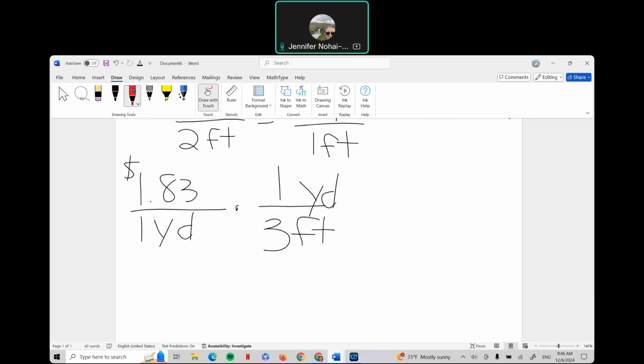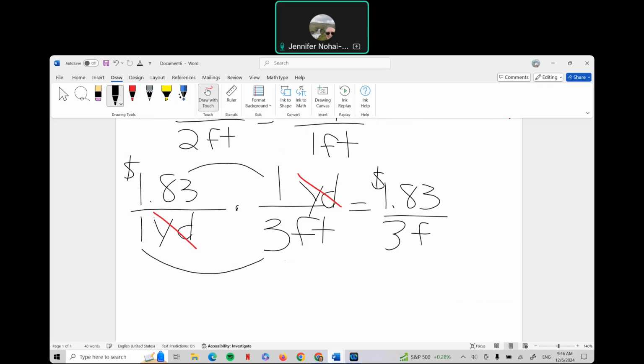Having our yard in the denominator here and the numerator here allows us to cancel those units. So we now multiply numerator times numerator, $1.83, and denominator times denominator, 3 feet.